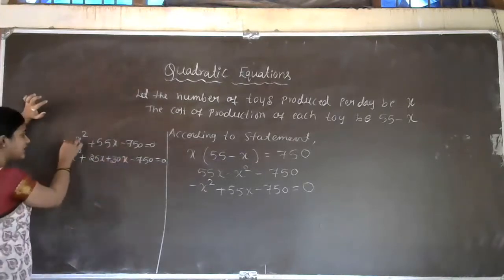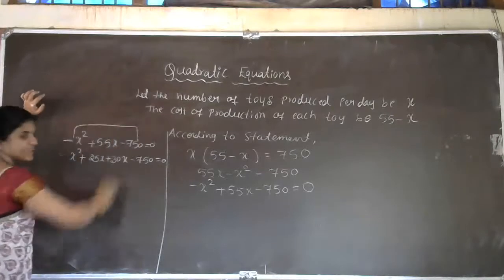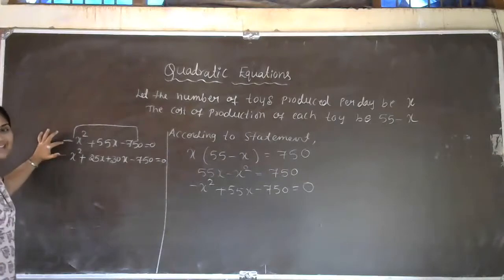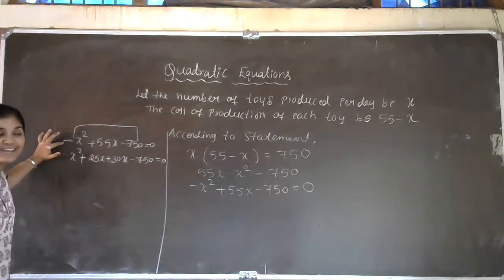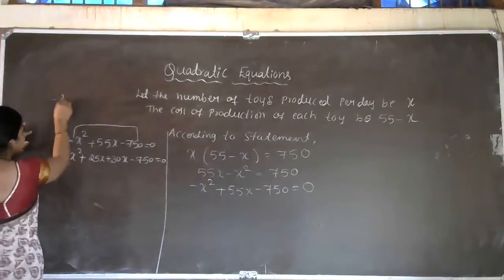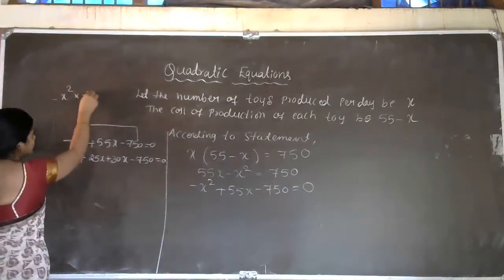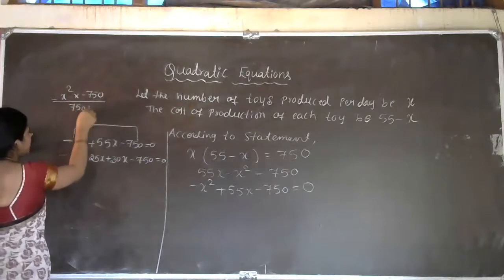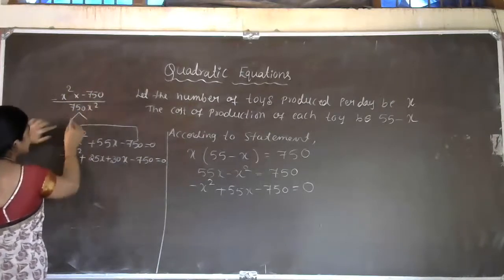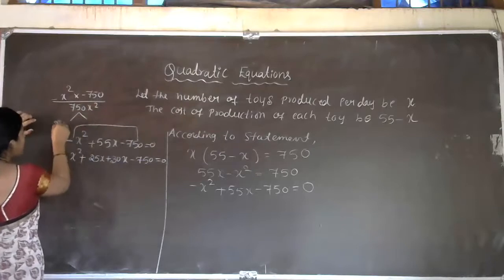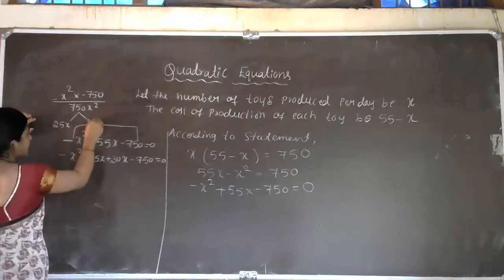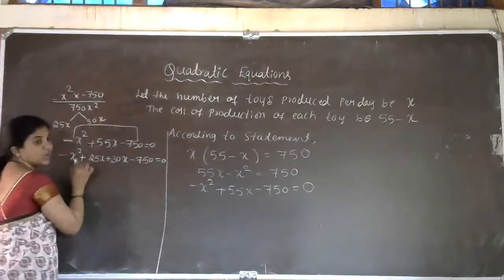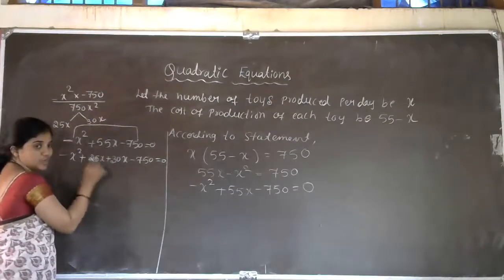See here, we are observing that. Okay, so this is plus only because the product of the first and last term, both are negative. So that's why minus x square into minus 750 is equal to plus 750 x square. Then we split plus 750 in the form of plus 25x and plus 30x. Got the idea of this one? So no need to be confused about plus or minus, plus or minus.